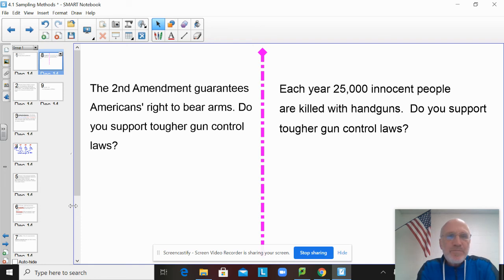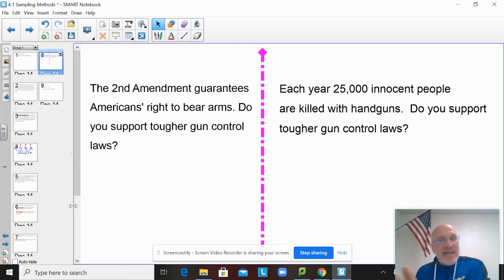On the left, it says the Second Amendment guarantees Americans' right to bear arms. Do you support tougher gun control laws? Well, that first sentence, if you're going to remind people that the Second Amendment guarantees that, sounds to me like you want people to say, no, we don't want tougher gun control laws. On the right, it says, each year, 25,000 innocent people are killed with handguns. Do you support tougher gun control laws?